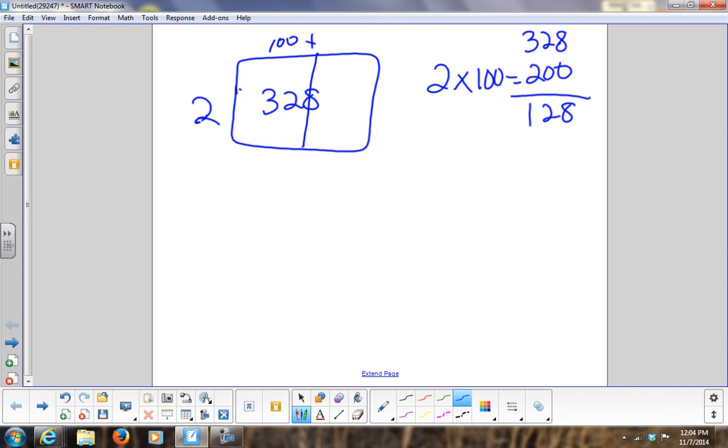Two times what gets me close to 128? Elise. 2 times 20. Okay, we can go 2 times 20. 40. Yeah. 8 minus 0 is 8. Okay, 12 minus 4 is 8.